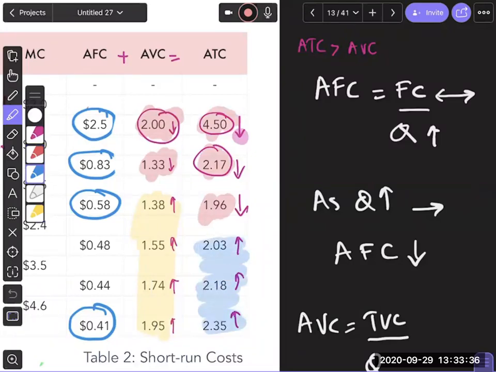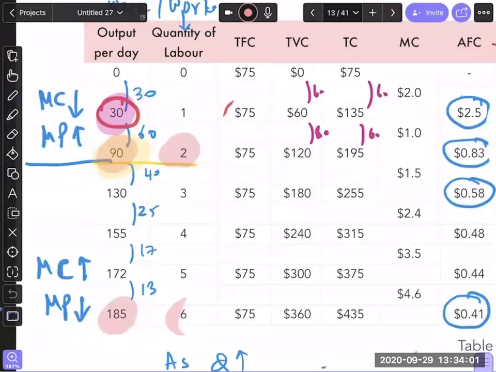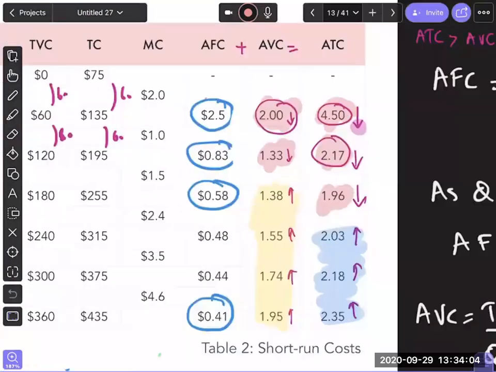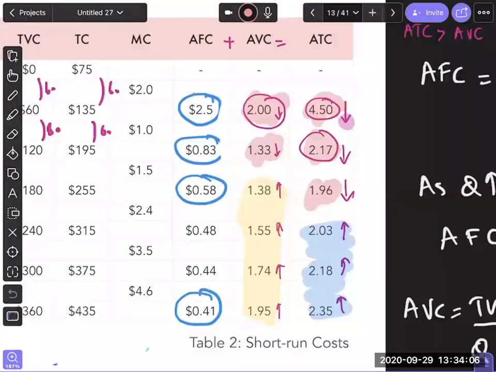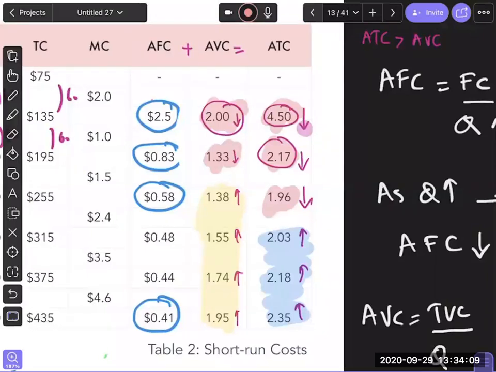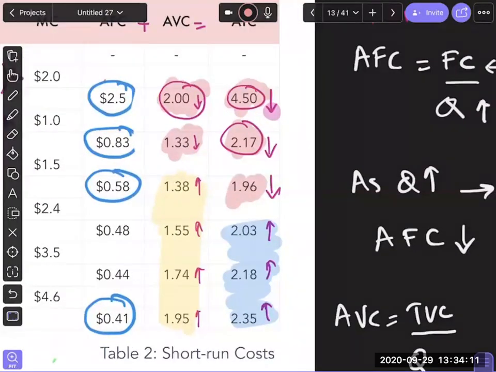Okay, so both of these curves are going to be U-shaped, but this curve has to be higher than this curve because ATC is more than AVC. And secondly, ATC is rising later. So AVC rises at 130 units and ATC rises later, at like 155 units or something. Okay, I'm just showing you this for clarity.